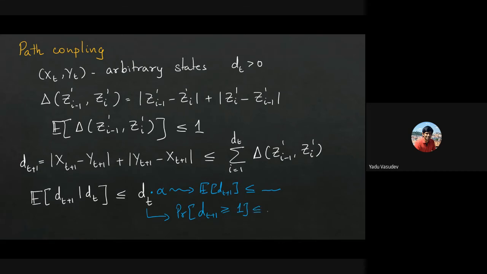You want to say this is less than epsilon for t which is polynomial in n and 1 over epsilon, and this condition is sufficient to do it. That is a small exercise that I'll leave for now. I'll give some hints about how to go about doing it. It is an exercise in the book also, and I'll give it in the final problem set as well.